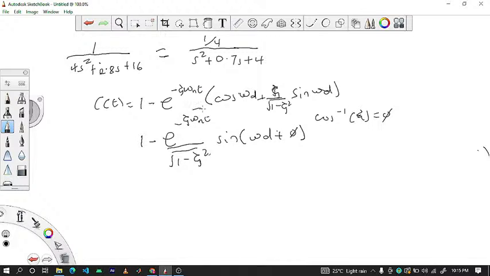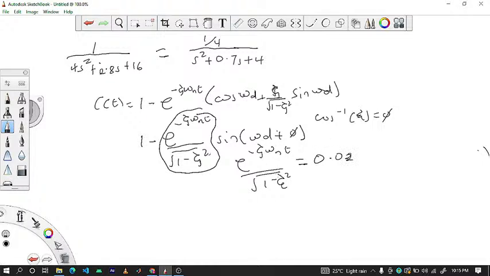So for settling time, you take this amplitude, e to the negative zeta omega n t over square root of 1 minus zeta squared, and set it equal to the percentage range they gave, which we are using as 0.02 here. As I simplify, this is our settling time, the t here.